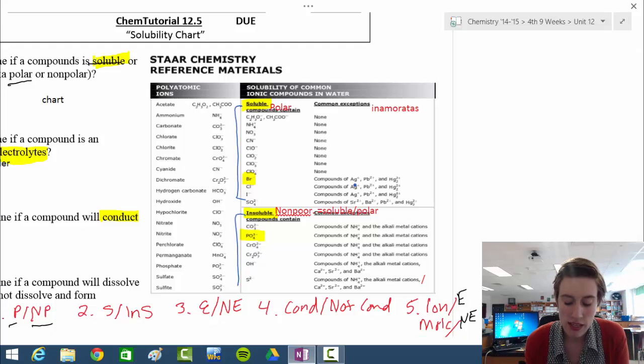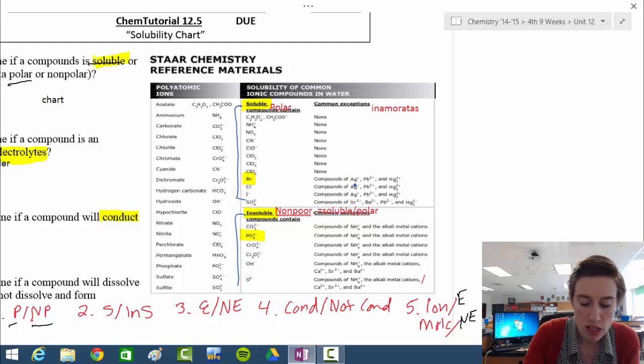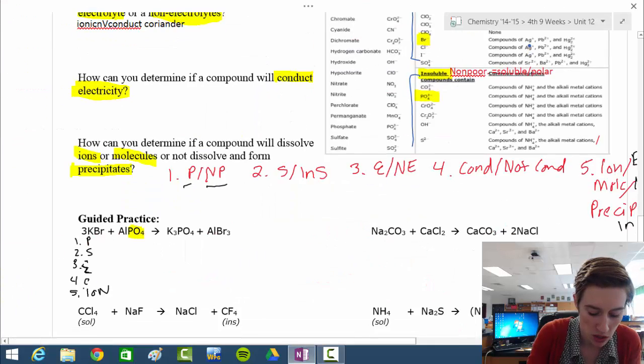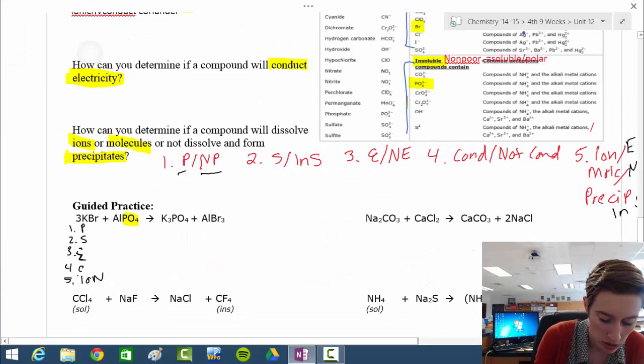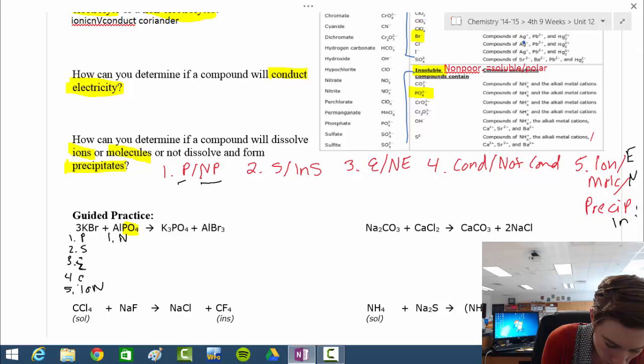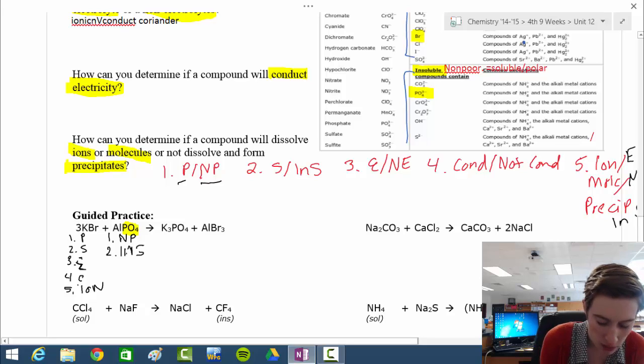Aluminum is not listed on the exceptions because aluminum is not an alkali metal and aluminum is not NH4. So it is insoluble because it's in the insoluble list. Then my answer to number 1 is that it's nonpolar, because nonpolar and insoluble mean the same thing. So it's nonpolar, it's insoluble.